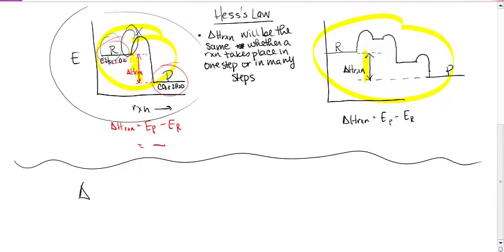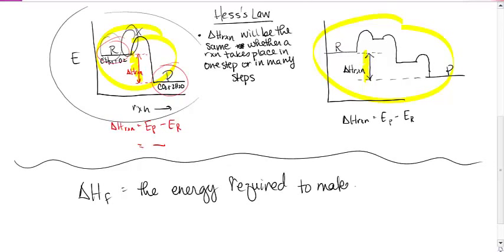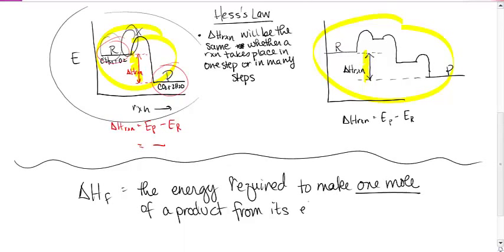All right, first thing we need to know, delta H sub F, what is it? Delta H sub F represents the energy required to make 1 mole of a product from its elements.